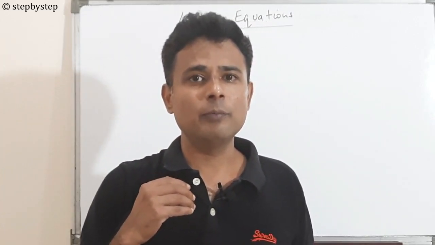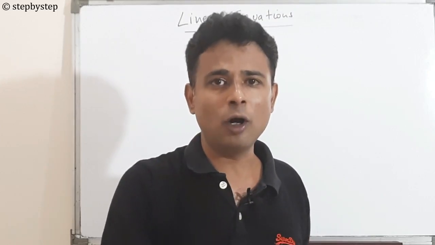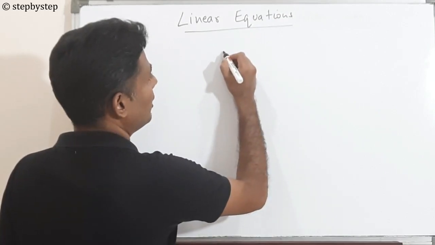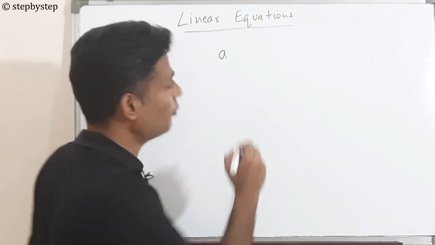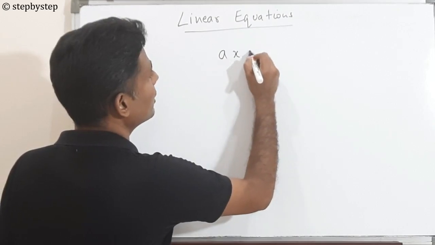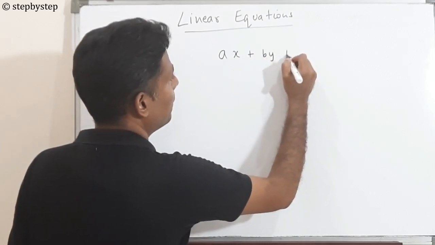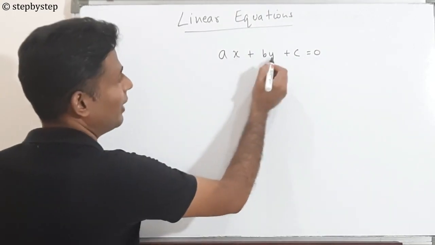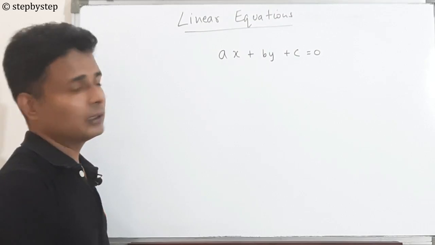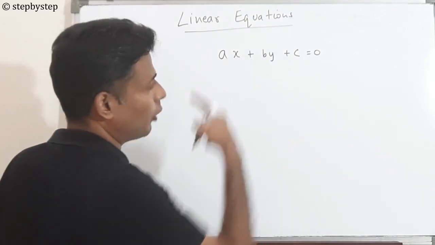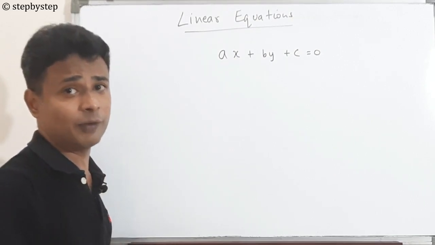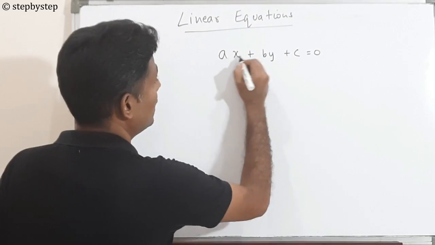Now, before we go into the general form, we will do the general form. For example, for a linear equation, the general form is ax plus by plus c equal to 0. X and y are the two variables. But if there are two equations, a pair of linear equations, what do we get?